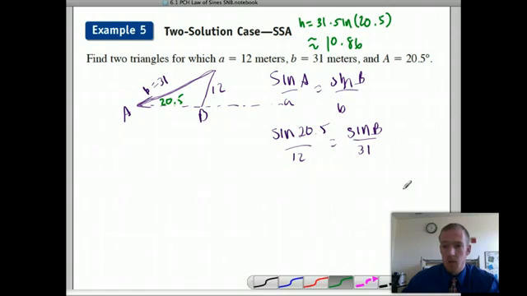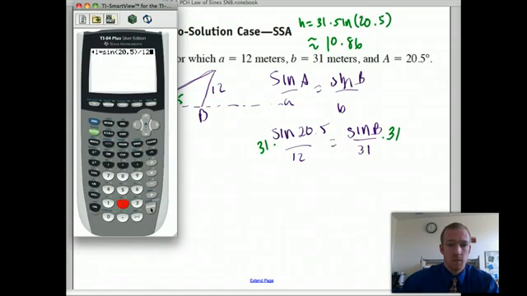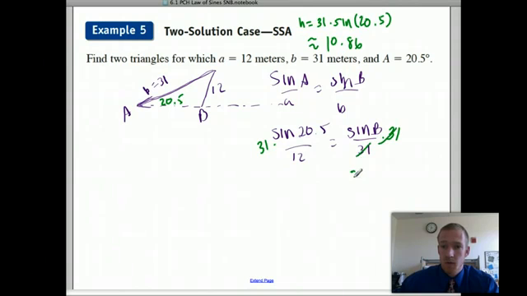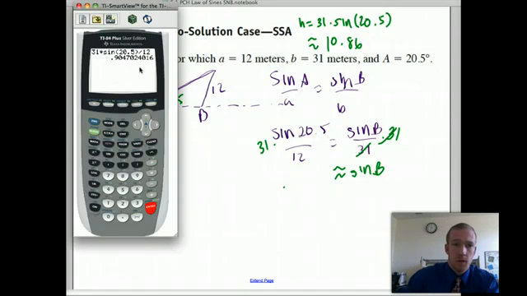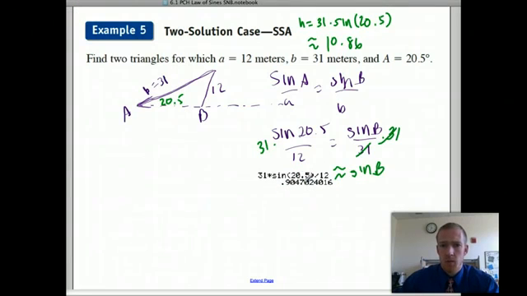I'm going to multiply both sides by 31, and then that gives us 0.9047 blah blah blah, and we're in degree mode, so sine B is approximately 0.90 whatever.